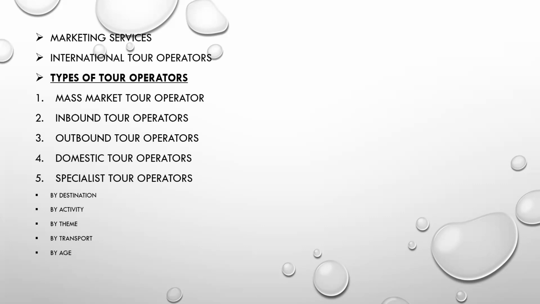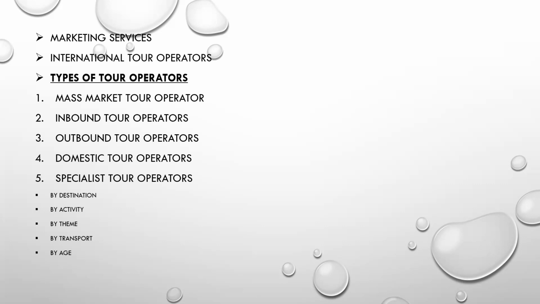What else are they supposed to do? They work with suppliers and principals from the industry, okay, in order to obtain their products in large quantities, such as airline seats, hotel stays, places on excursions, car rentals.